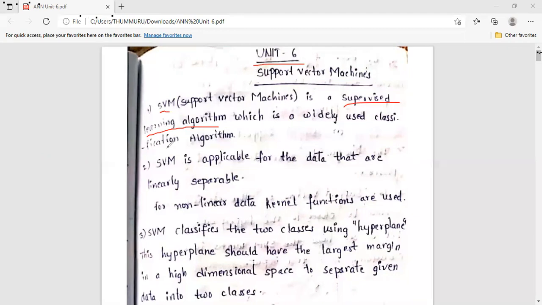used as a classification algorithm. So support vector machines are used as the classification algorithm, and SVM is applicable for the data that are linearly separable, which means SVM is used to classify binary data, which means data that has only two patterns.